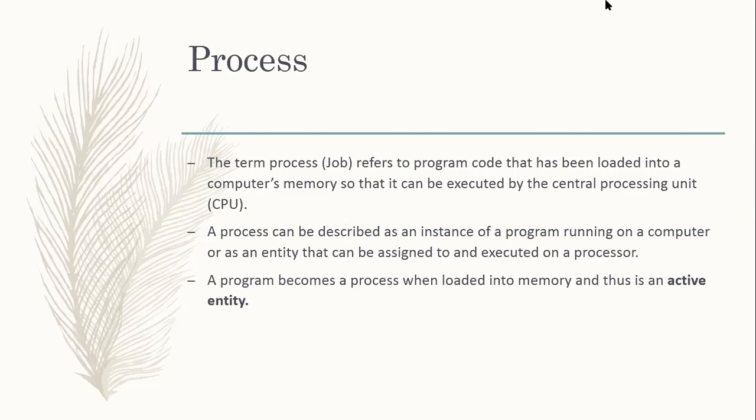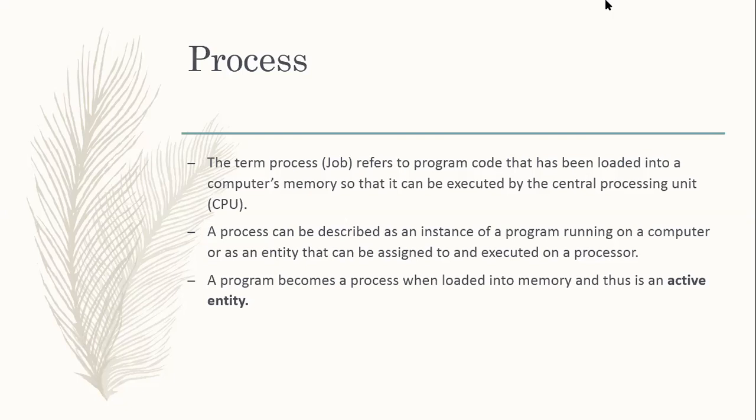Whenever you want to run anything, you need to load all those things into main memory, which is RAM. The same thing is applicable for a program also: if you want to run any program, you need to load that program into memory, and that is what is known as a process.